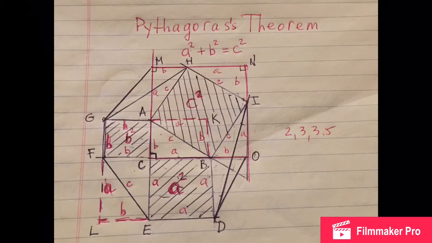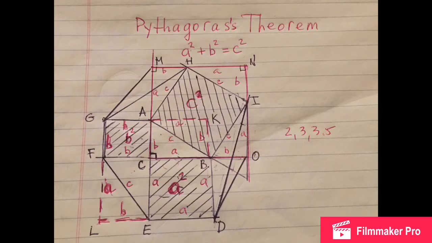Since a square is a geometric figure which has all its four sides equal to each other, and all its four angles are right angles, and the area of a square is equal to the square of its side, the area of the square CBDE equals a squared.